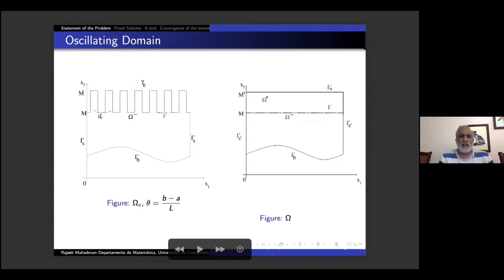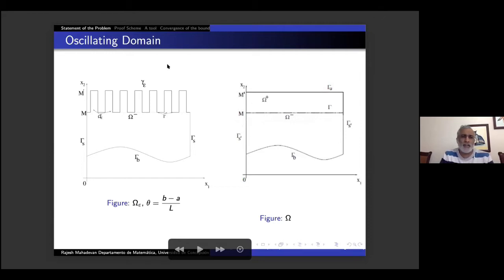So the problem setting is the following. You have an oscillating domain with a rapidly oscillating boundary, as is shown in this figure. Here you have a two-dimensional example.